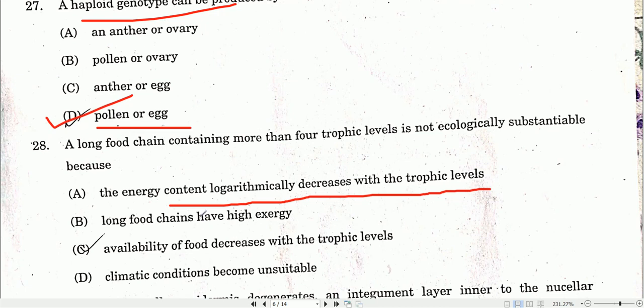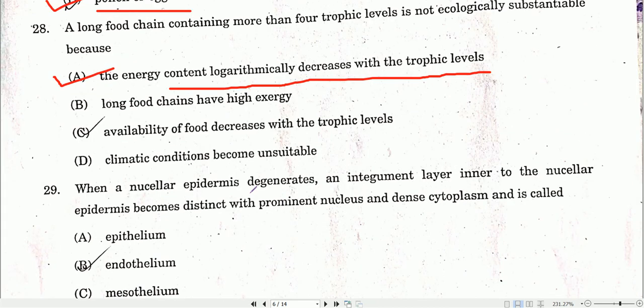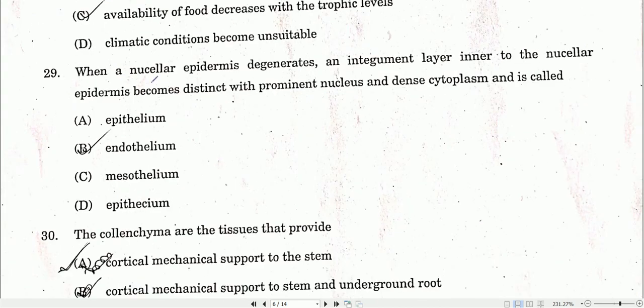Okay, so option A will be the correct one. Coming to question number 29, when a nucellar epidermis degenerates, an integument layer inner to the nucellar epidermis becomes distinct with prominent nucleus and cytoplasm, and is called your endothelium. Option B will be the correct one.